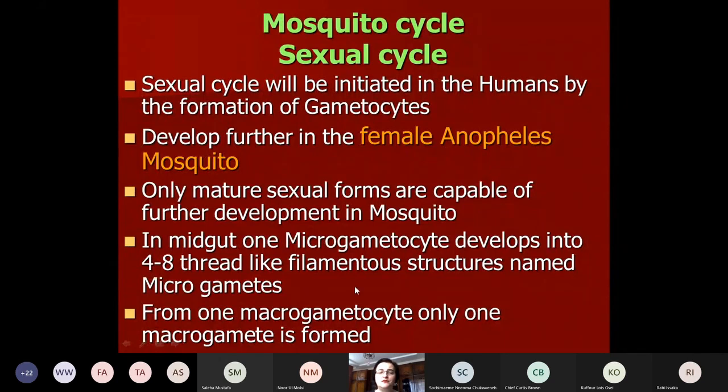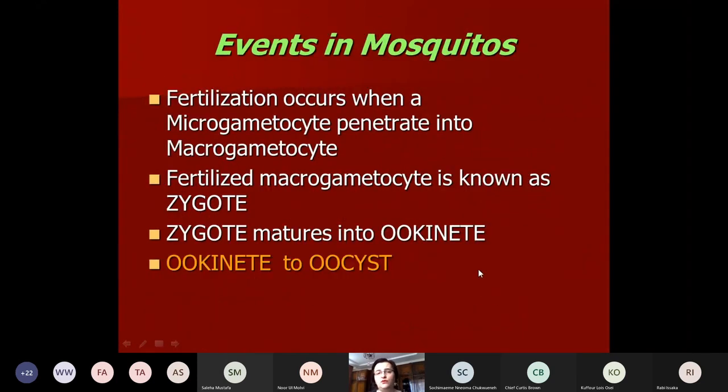In the midgut, one microgametocyte develops into 4-8 thread-like filamentous structures named microgametes. From one macrogametocyte, only one macrogamete is formed. Fertilization occurs when a microgamete penetrates into the macrogamete.